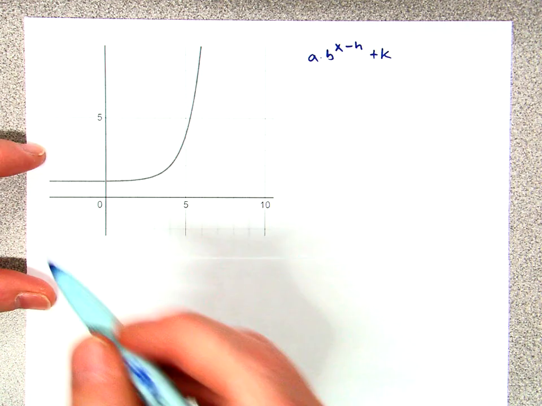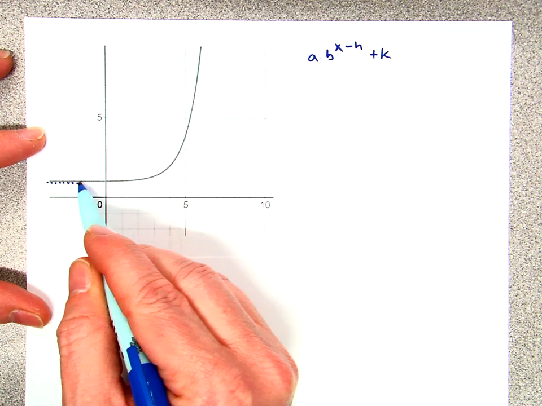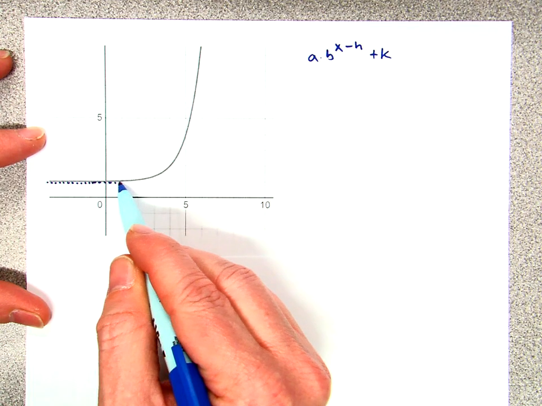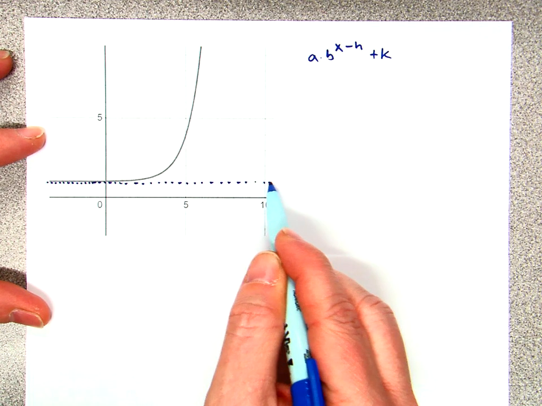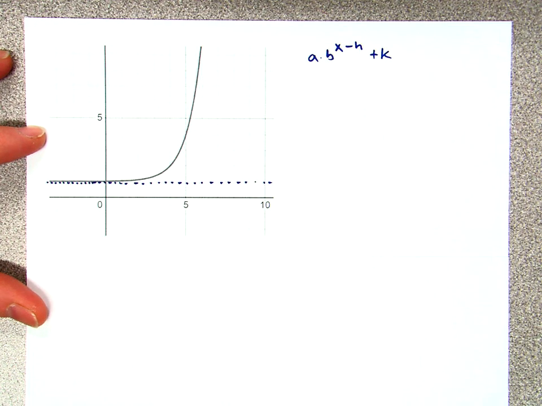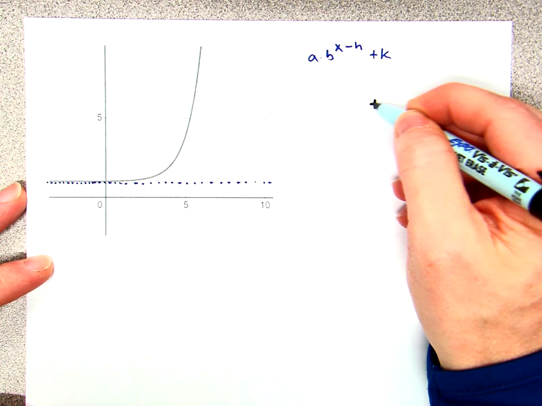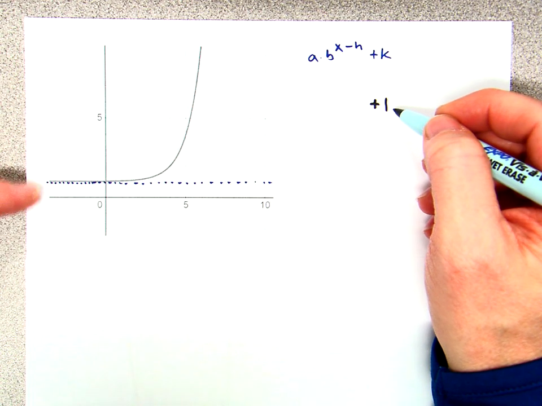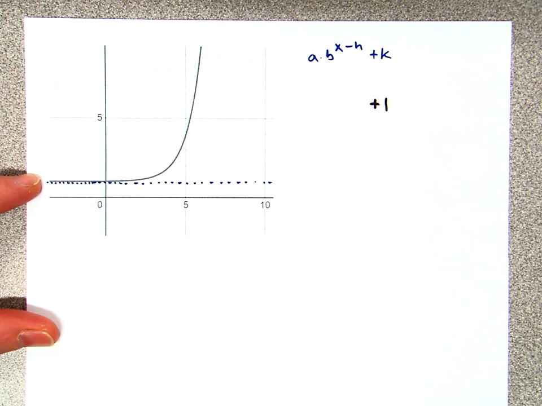So for this case, we can see that it's going to flatline here at 1, so that means we have a horizontal asymptote here at 1. It would go on forever, which means that the k value should be 1, because we would start at the origin and then shift it up. The whole graph shifts with this asymptote.